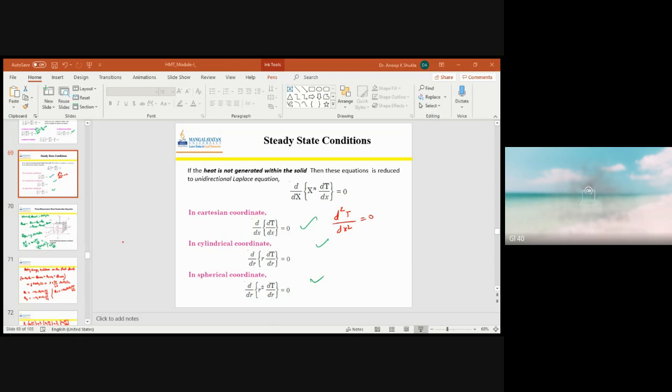Now what is m? m is the mass of this element, and we can calculate it by multiplying the density by the volume of this element. So it becomes rho dx dy dz into c del T upon del t.